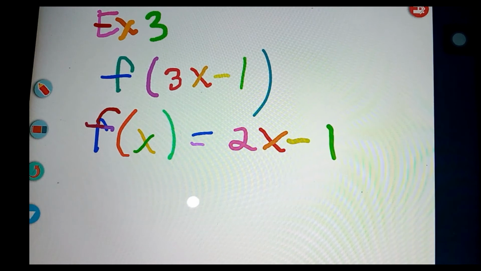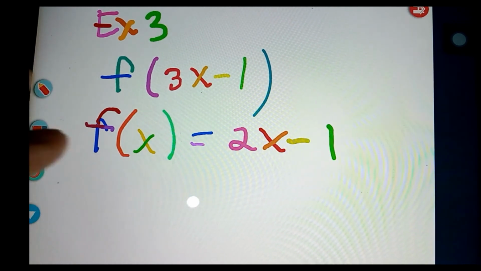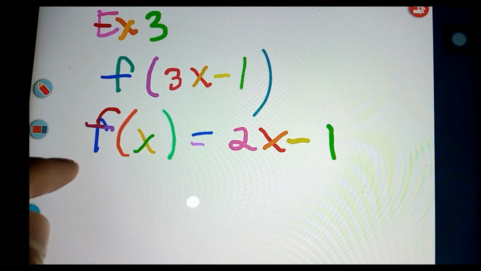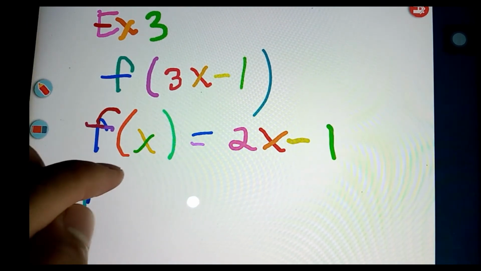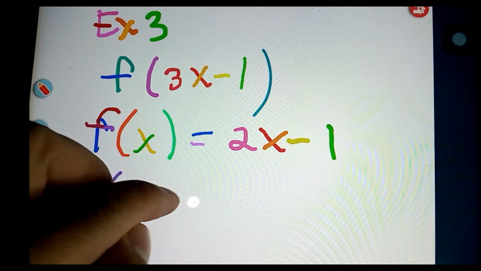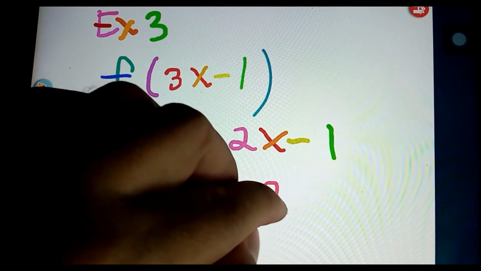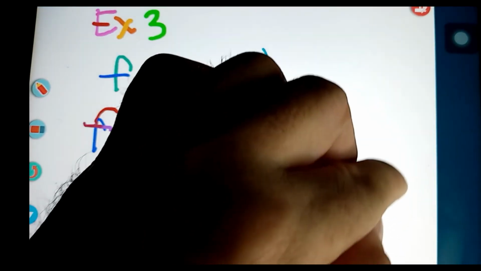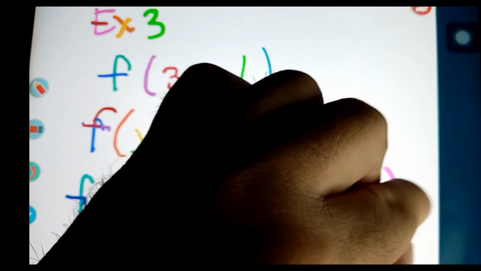By the process of replacing x with 3x minus 1, we have f of 3x minus 1 equals 2 times 3x minus 1, then minus 1.